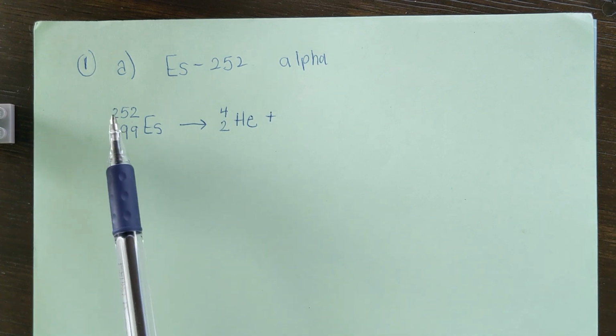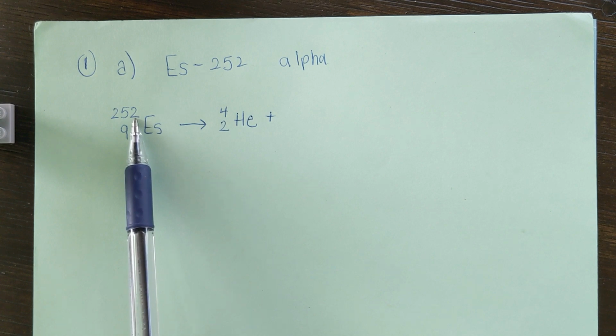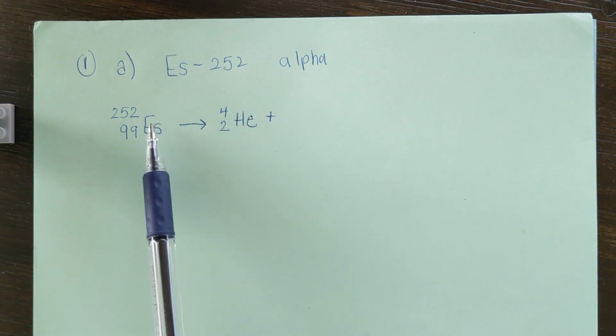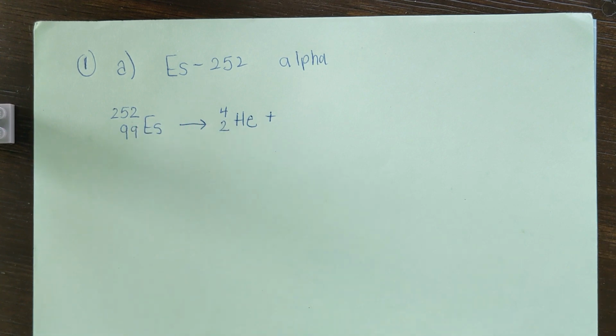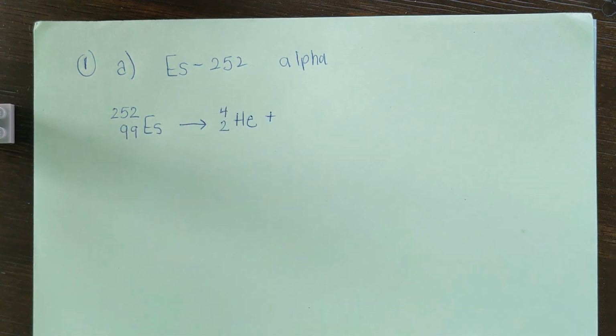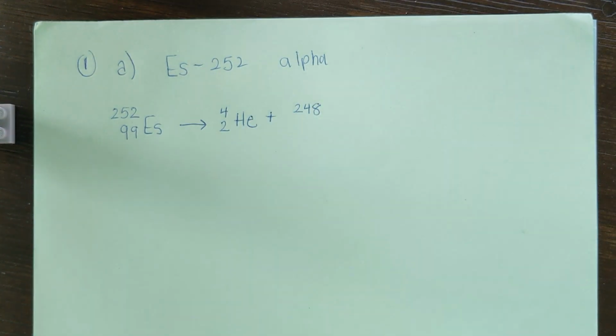Okay, so we have a nucleus with 252 particles. If 4 of them are now in this helium atom, the difference between the two has to be the particles that are in our new atom. So 252 minus the 4 leaves us 248 particles left.